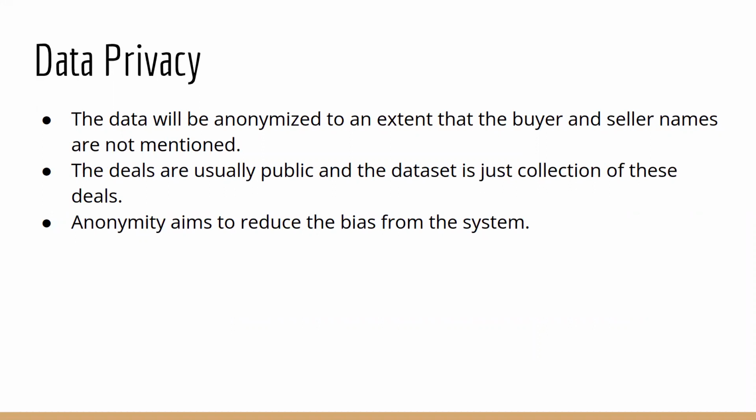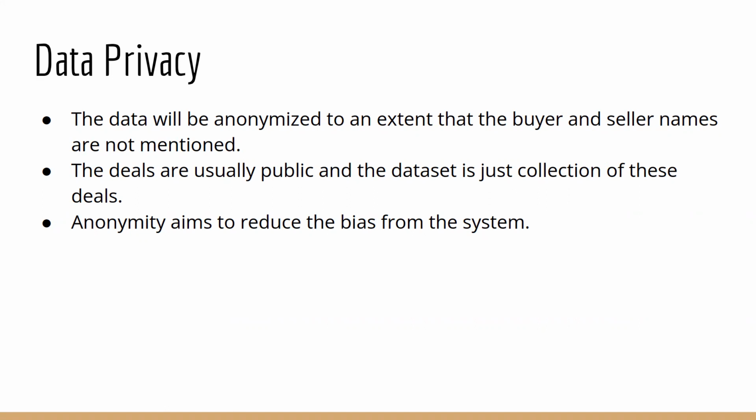The data privacy that we have considered is that the data will be anonymized to an extent that buyer and seller names are not mentioned. However, these deals are usually public and everyone in the region and in the market knows who made what deals and their names are there.